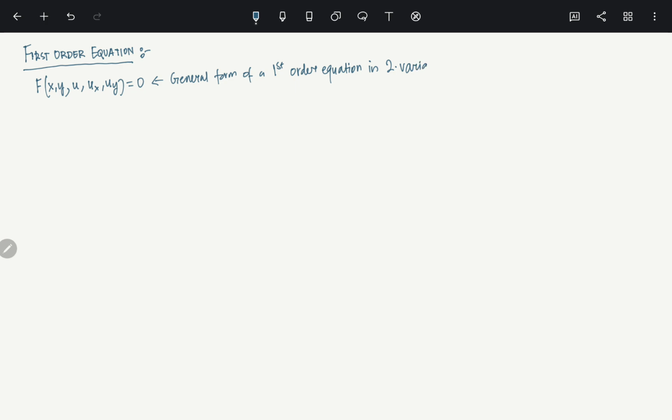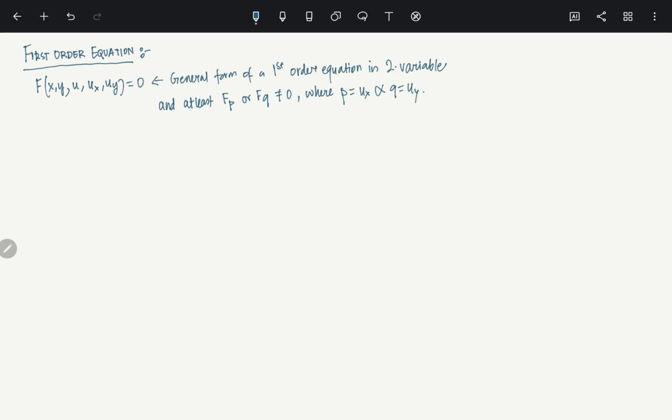Of course, if you make it 3 variable or 4 variable, you just have to add ux, uy, uz, uw and so on and so forth. Okay, here one of the things which we need is that at least f with respect to p or f with respect to q is not 0, where we are denoting u of x by p and u of y by q.